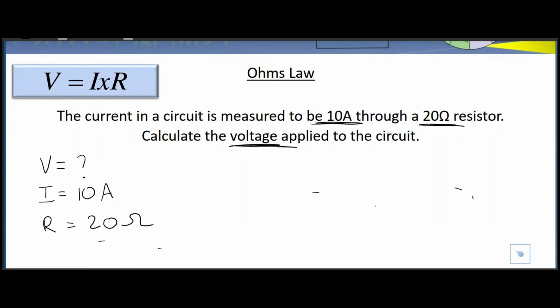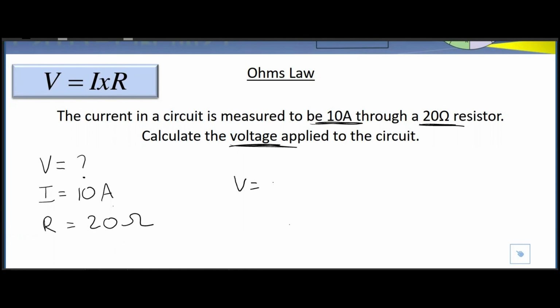At this point, you could refer back to the wheels or the matrix. But like I said, this is your classic Ohm's law. You should be able to recognize this once you do it a couple times. You should be able to say, okay, I got my current, I got my resistance, I can calculate the voltage.